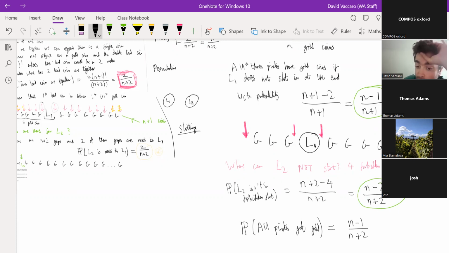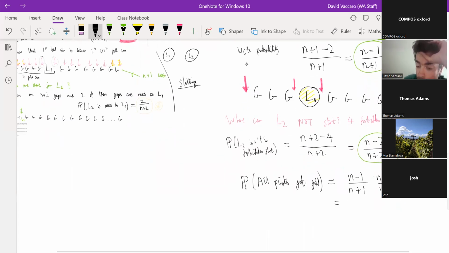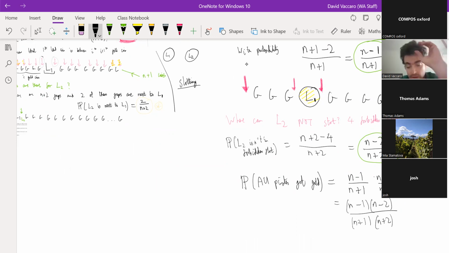And then wherever that first gold coin L1 slotted, we need L2 not to slot in any of the 4 forbidden places. And so that's n minus 2 over n plus 2. So overall, the probability is n minus 1 times n minus 2 over n plus 1 times n plus 2.